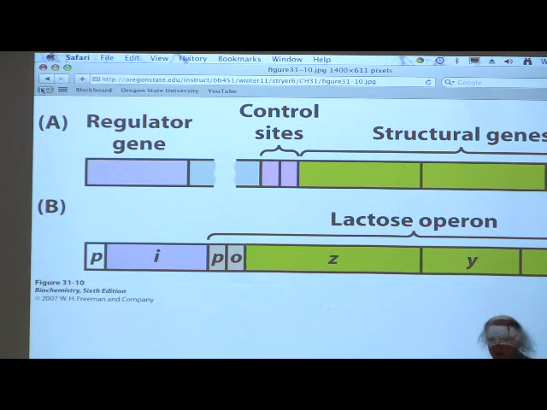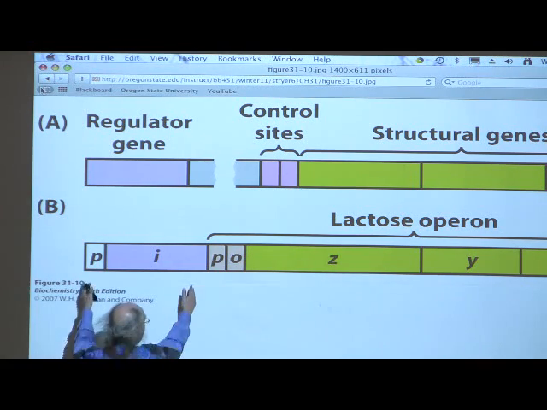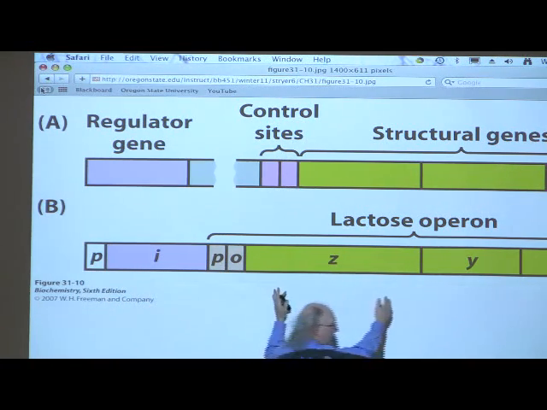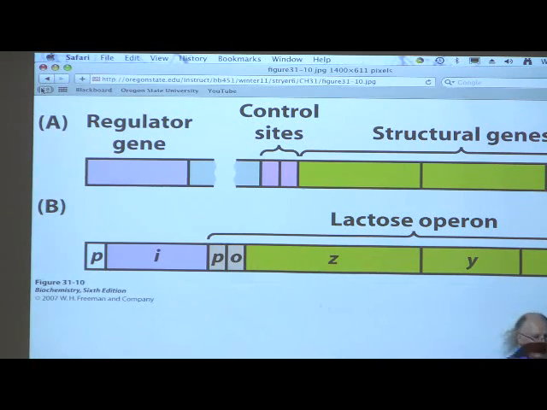Near the operon is another gene called I. It's not a part of the operon. It has its own promoter, and I is the coding sequence for the lac repressor. So the lac repressor is coded for right next to the operon of the lactose operon.